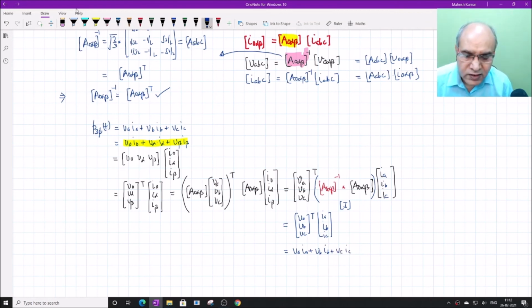So we proved that the power, instantaneous power, either in alpha beta 0 or ABC is same. So this is V0 I0 plus V alpha I alpha plus V beta I beta.